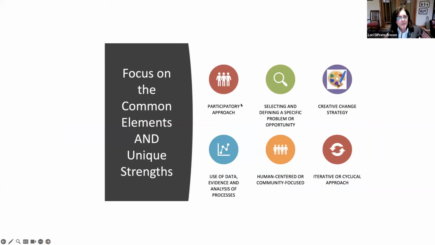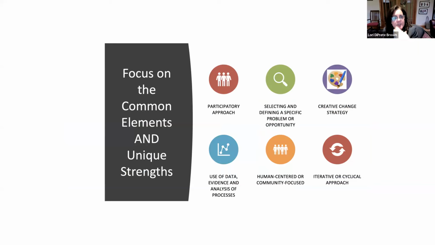So when you're using the SDGs and this SDG 360 thinking for action, you want it to happen in a context where there are participatory approaches, where there's clarity in defining the challenge, which we went through that exercise to do, and that there's a change strategy. It doesn't always have to be creative.